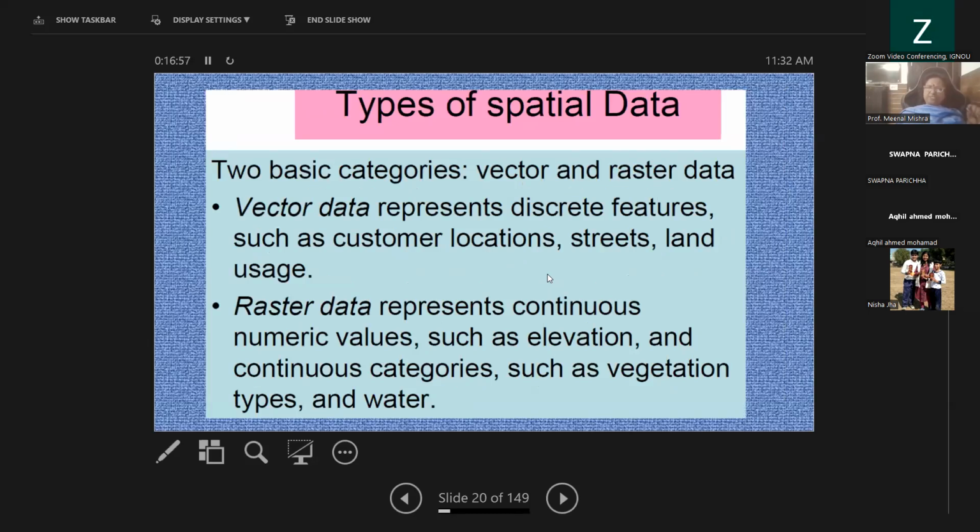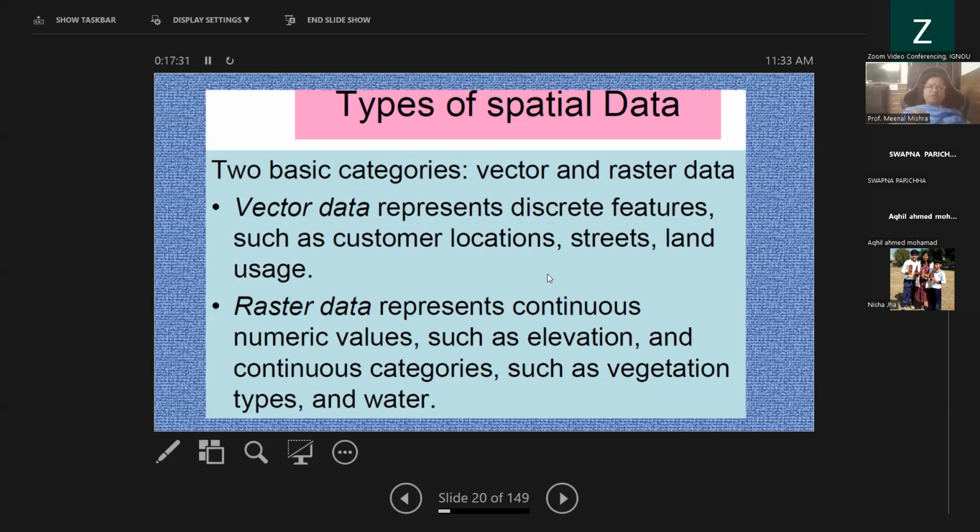This spatial data that refers to locational information can be divided into two basic categories, that is vector data and raster data. Vector data describes discrete features like customer location, streets and land use.